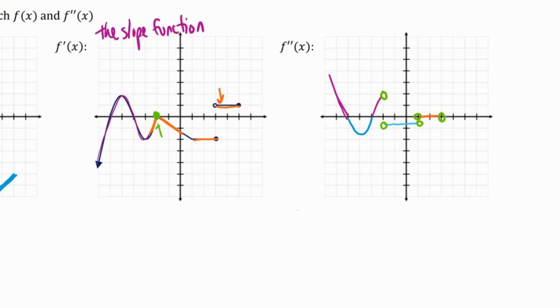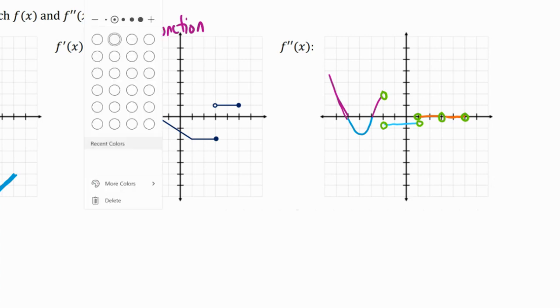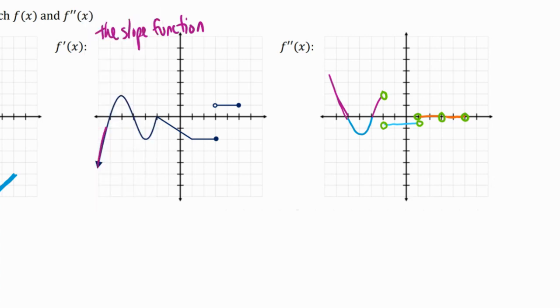And then my slope is 0 until 5. And then at endpoints, I do not have a slope, so I have to make it an open circle. It's a good idea to color coordinate if you can. But again, I'm just going to go over this with you. When your function is increasing, that means your derivative is above the x-axis. When your graph is decreasing, that means your derivative is below the x-axis.